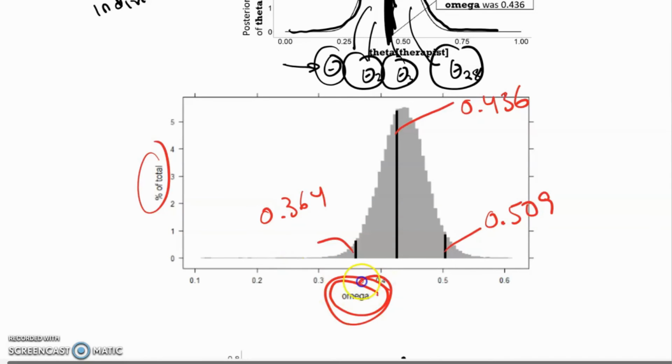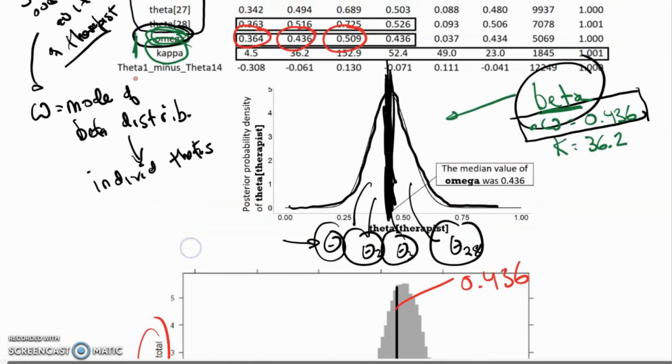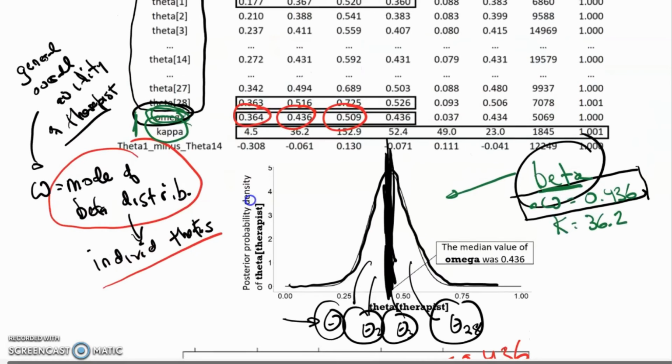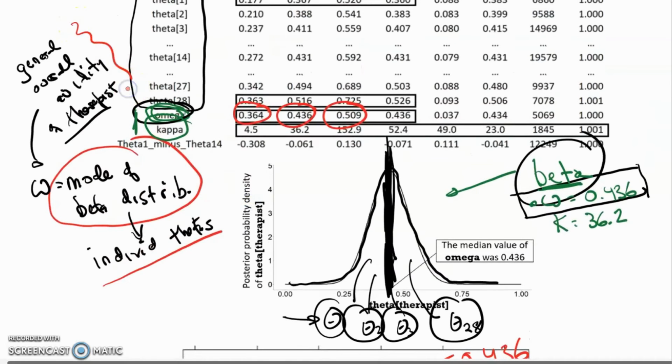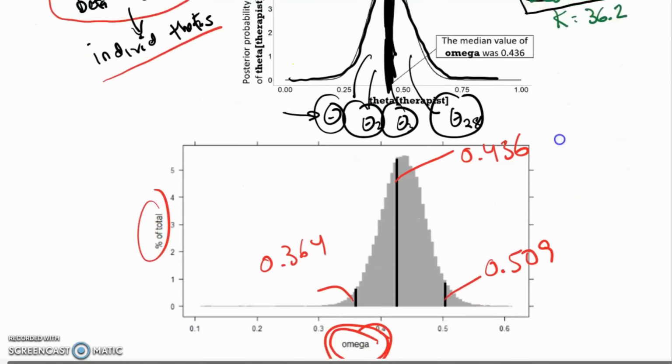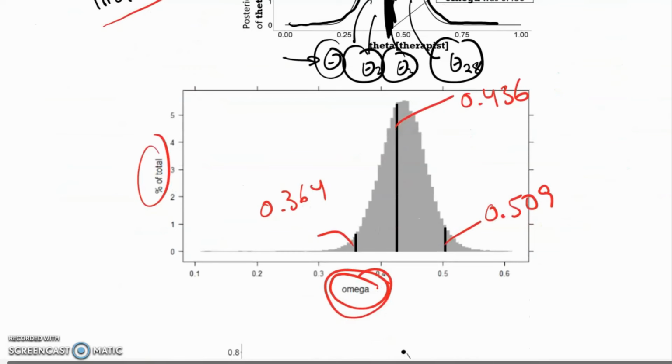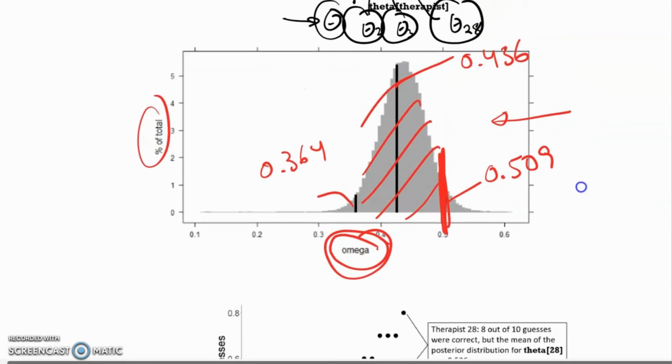So if this omega, the mode of the beta distribution from which the individual thetas arrive, reflects the general ability of the therapists, it doesn't look to me like the therapists in general are doing terribly well. Because 0.5 would be a 50% chance of identifying the hand correctly, and this is not so good. So we've got some pretty strong evidence that therapeutic touch is not a real thing.